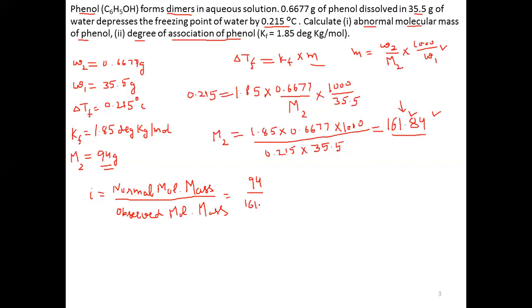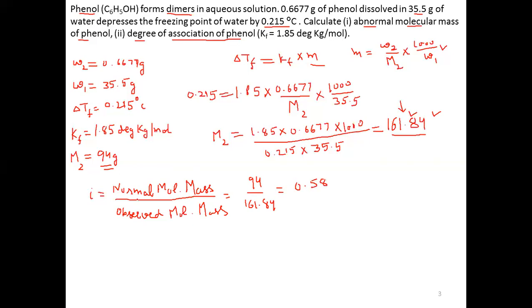161.84. Now, if we solve this, it comes out to be 94 divided by 161.84, something like 0.58.